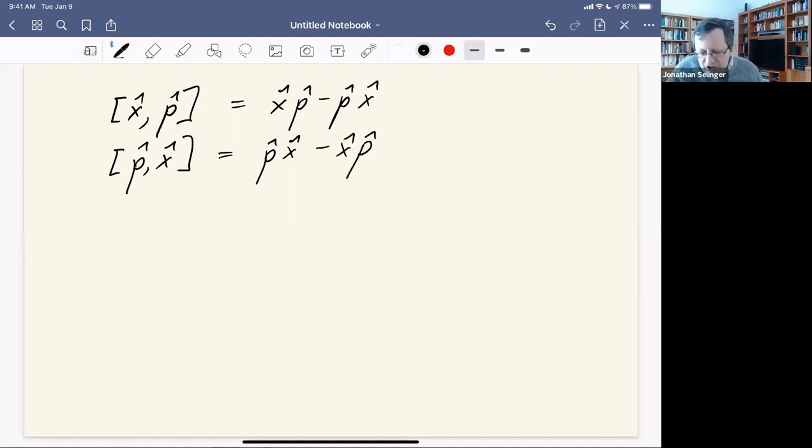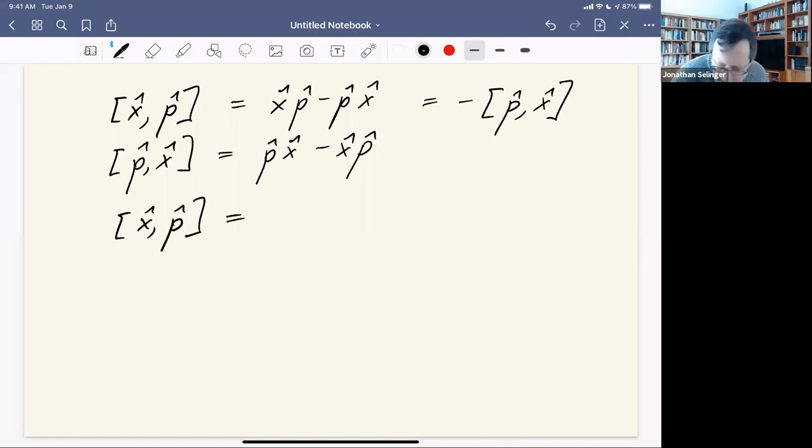So these things are just negatives of each other. So this is the negative of the commutator of p with x. So this tells us that the commutator of position and momentum is i h bar.